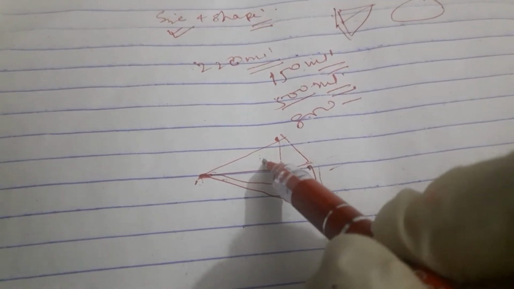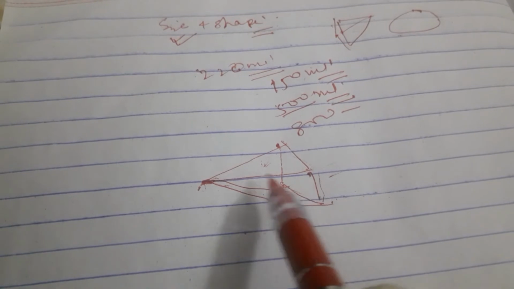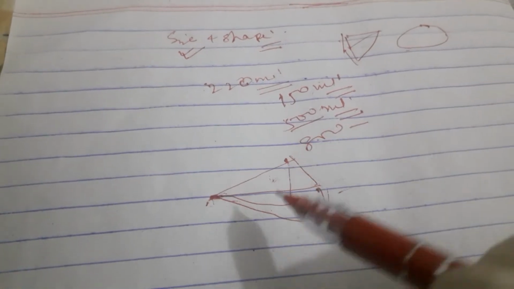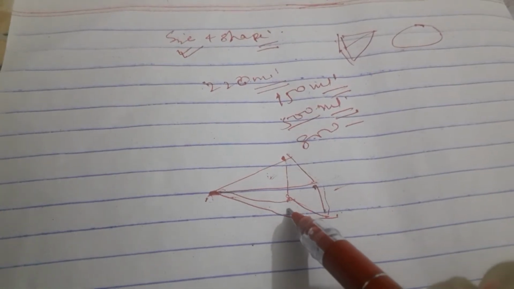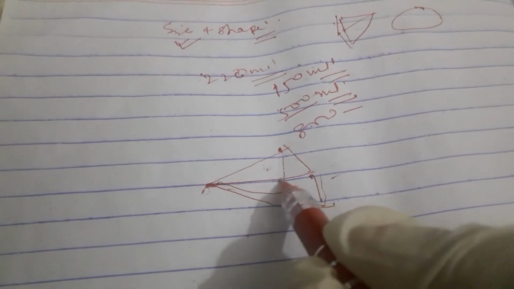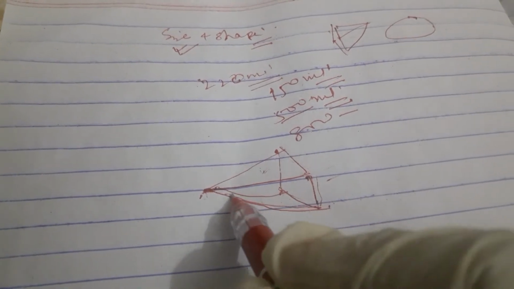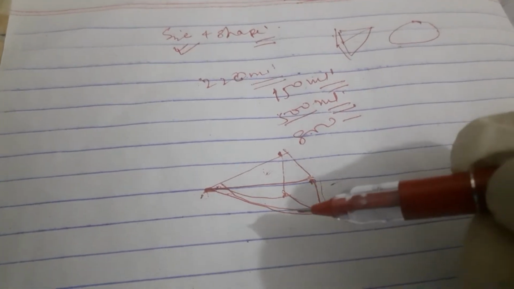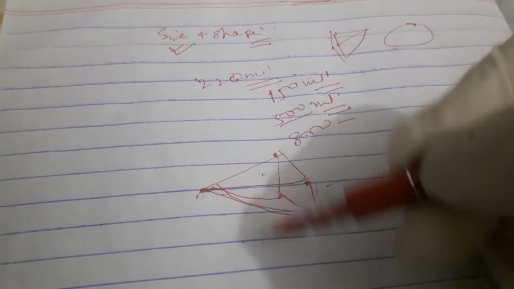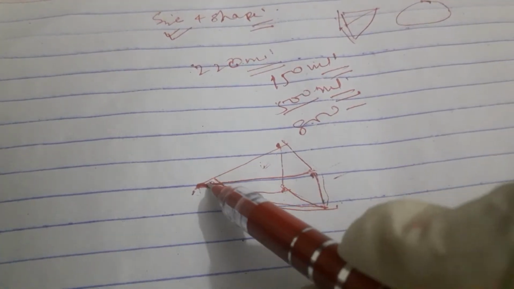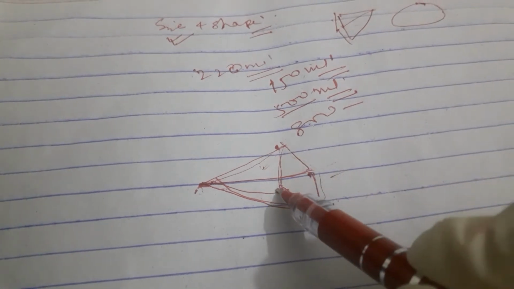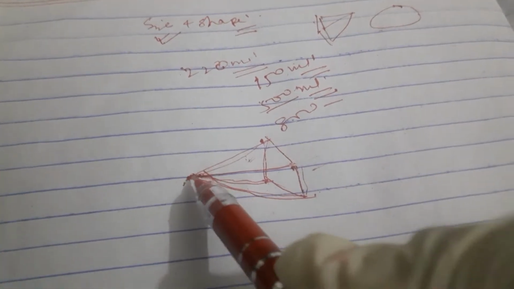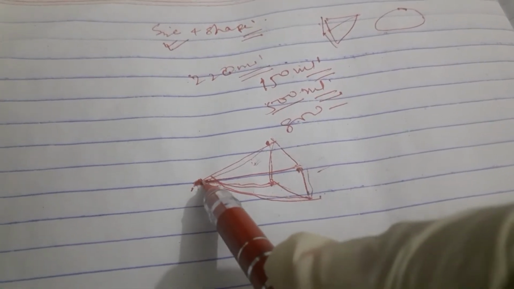This is the superior surface, and on this side and that side, it is the inferolateral surface, the inferolateral surface on the left side and the inferolateral surface on the right side, and this is the apex.